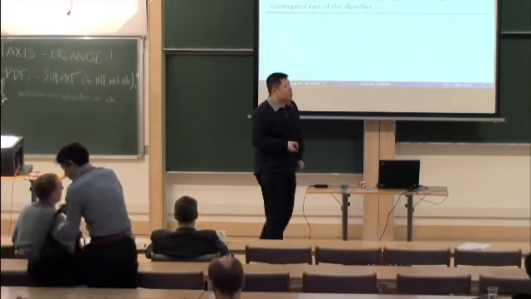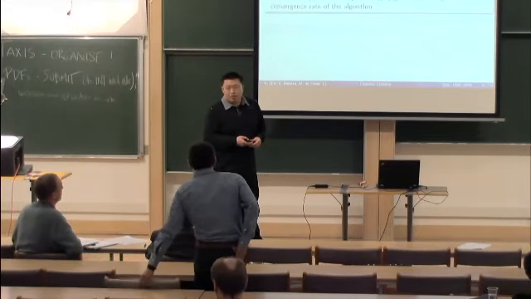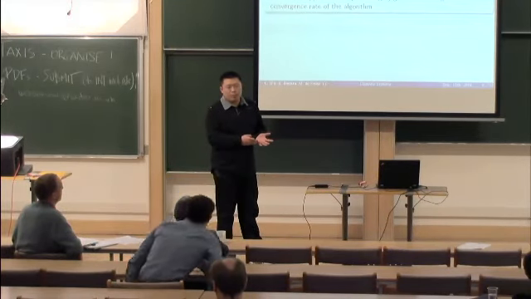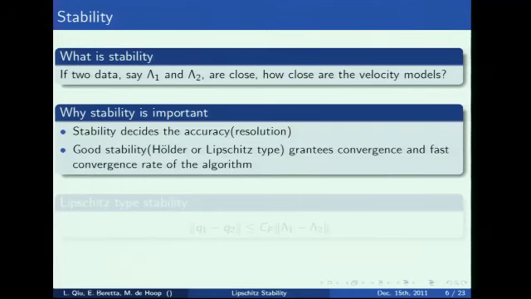And a deeper reason, I think, is that good stability, I mean Lipschitz type stability or at least Holder type stability, will give you some convergence results for particular algorithms, like the Landweber iteration or some Newton type algorithms, and will also guarantee a fast convergence rate.